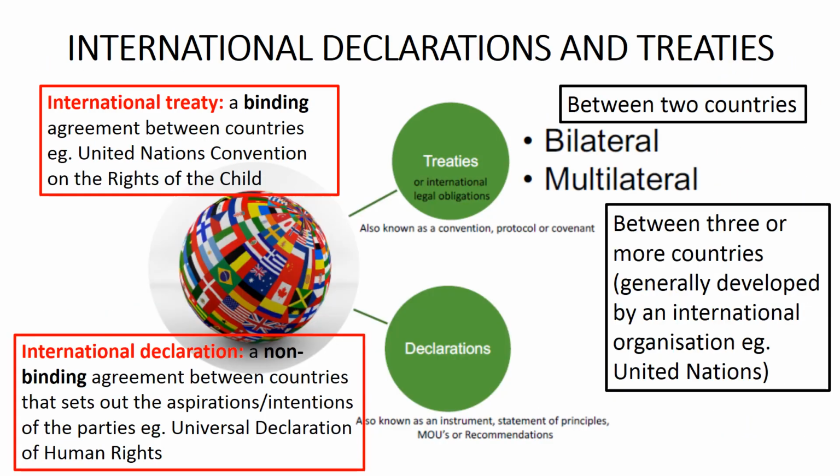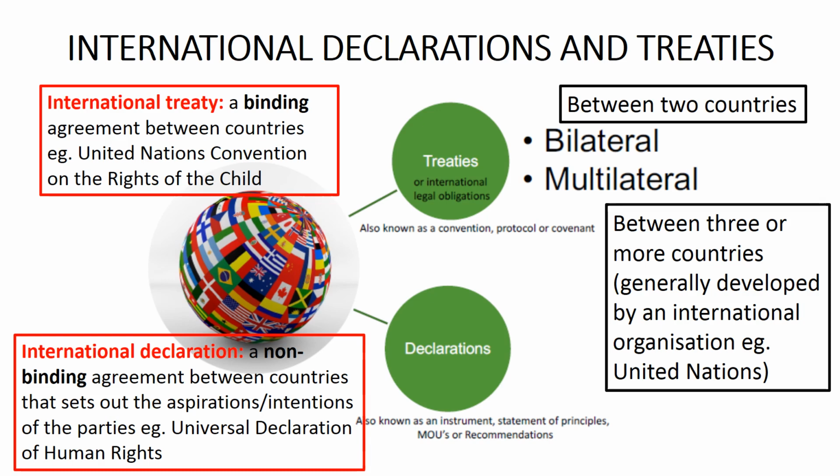You'll notice that I have referred to two different kinds of instruments: international declarations on the one hand and international treaties on the other hand. The difference between them is the extent to which they impose binding obligations on the countries that sign them. An international treaty is a binding agreement between countries.